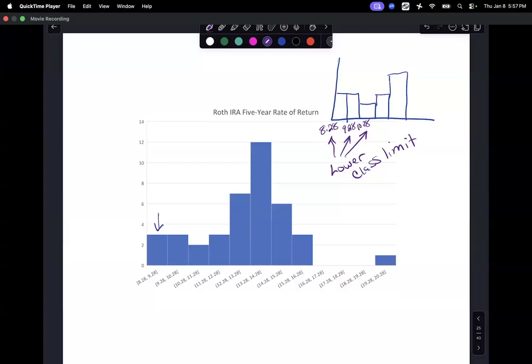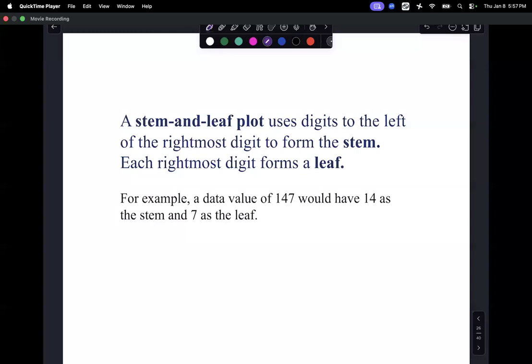All right. We're going to do something now called a stem and leaf plot. We're going to put the histograms in your pocket and go with stem and leaf plots. I'm going to let you know, a stem and leaf plot is something we are required to teach. I have never found a use for stem and leaf plots out in the wild. In my opinion, it is not the best representation of data.